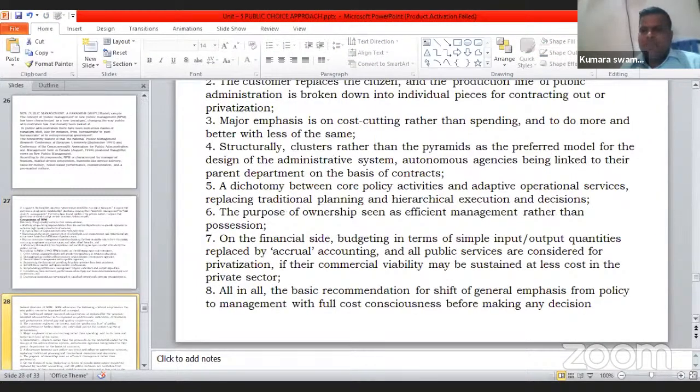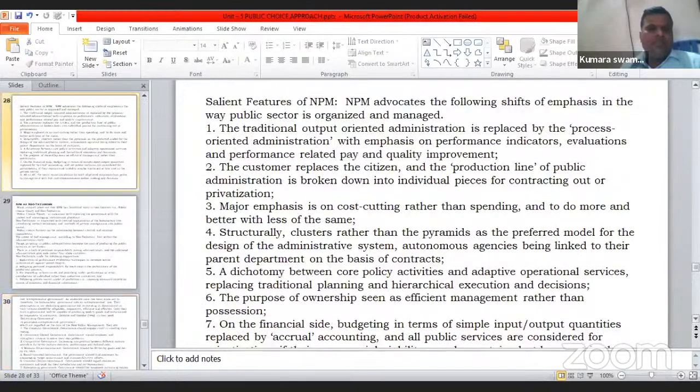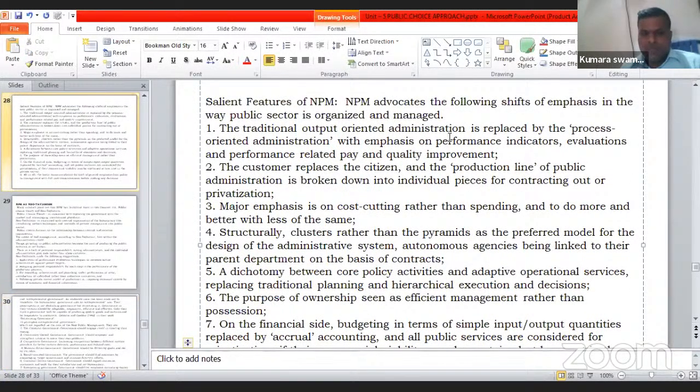Another aspect, the features of new public management: especially, the traditional output-oriented administration needs to be replaced by process-oriented administration. And they want performance indicators. They want to evaluate the performance related to pay, work, and the quality of the work, so they want some parameters to check it.